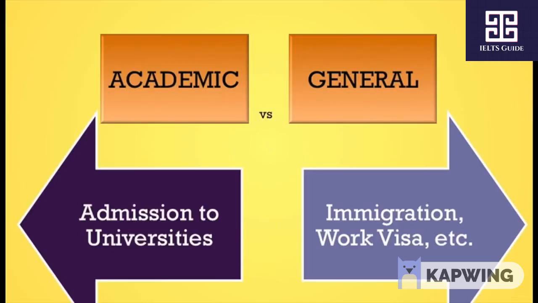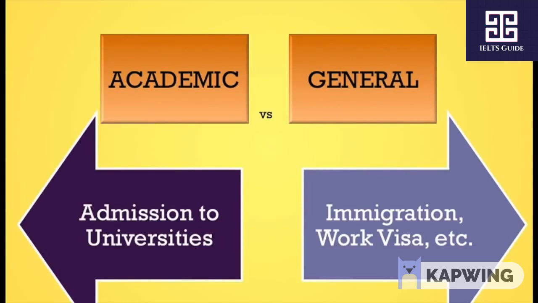So, just to begin with, the purpose for taking IELTS Academic and General are completely different. IELTS Academic is usually taken for admission to universities, let's say to a foreign institution. For IELTS General, the purpose is usually for immigration or work visa.